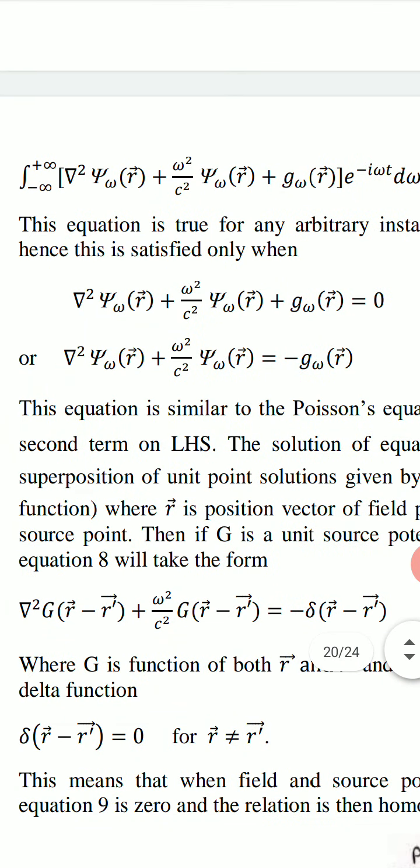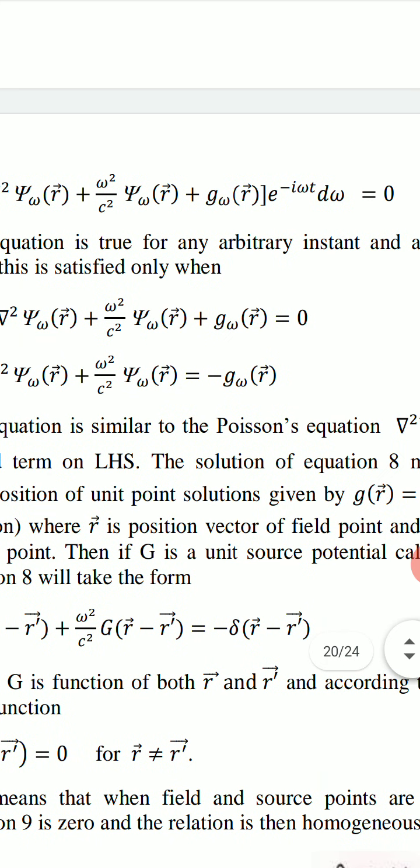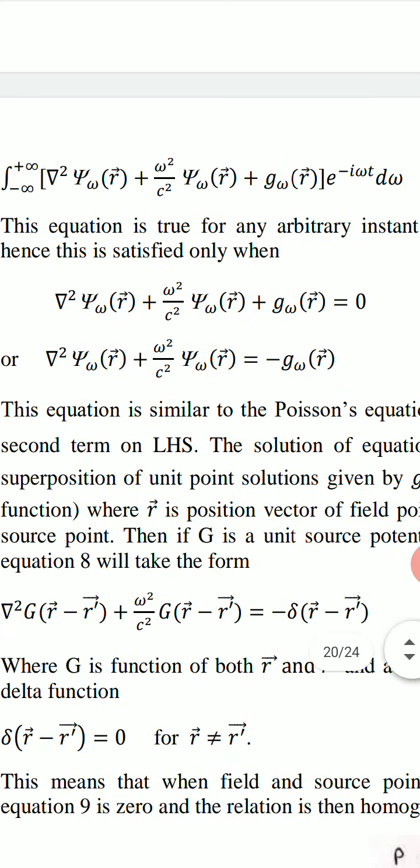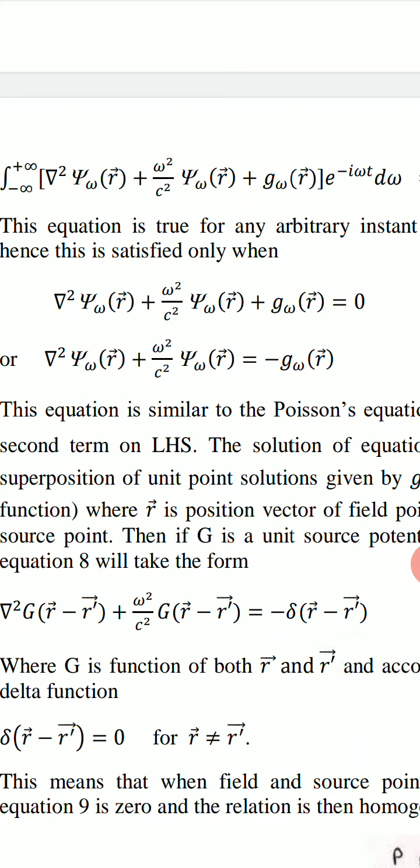Integral inside the bracket we have del square psi omega r plus omega square upon c square psi omega r plus g omega r multiplied by e to the power minus I omega t d omega equal to 0. E to the power minus I omega t d omega and integral are common in three terms, and right hand side is brought into left hand side.